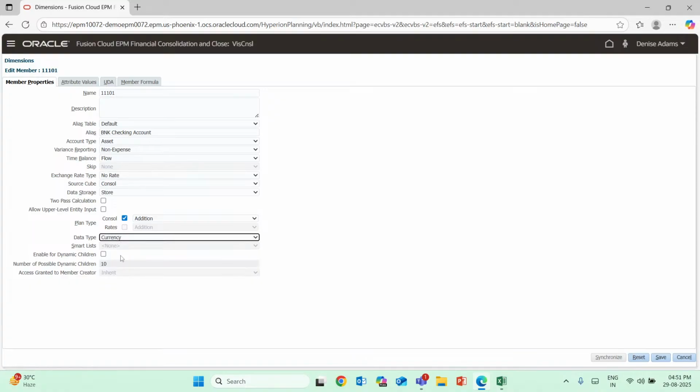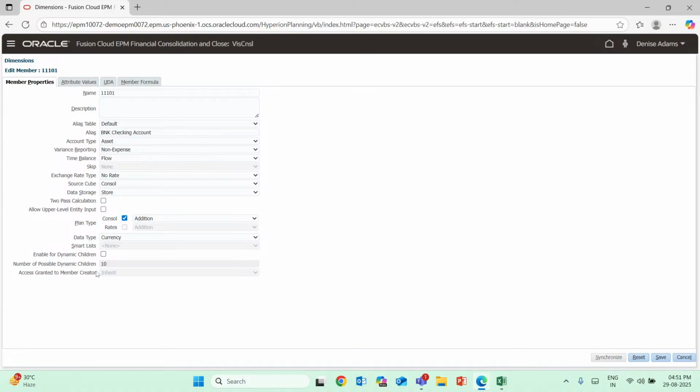So we can have 1000 dynamic children, and this is not required because this is not enabled for dynamic children. Then inherit. These three things are generally for the ASO cube. These three are applicable in Planning, not for our FCCS.